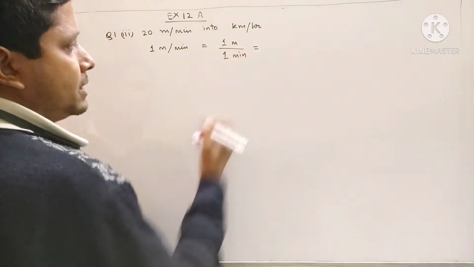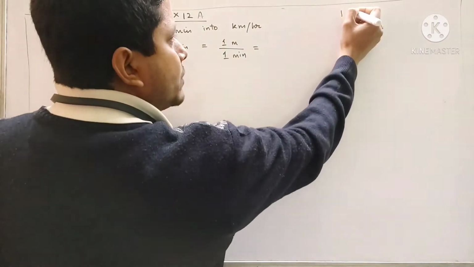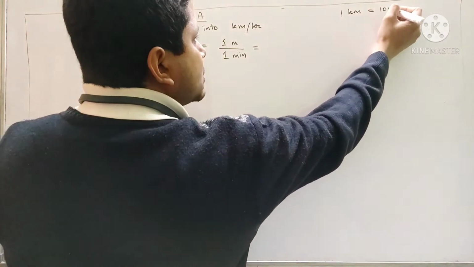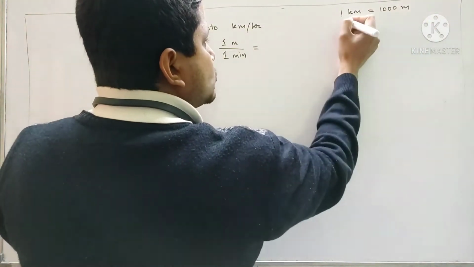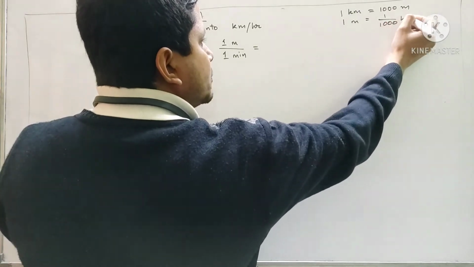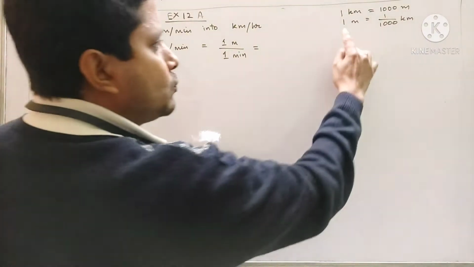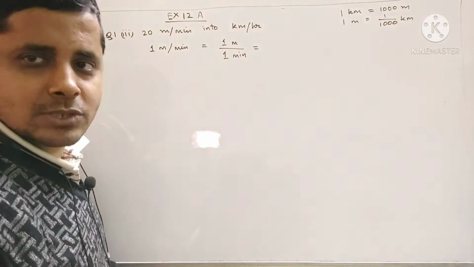Correct? Now 1 meter is equal to how many kilometers, students? Remember that 1 kilometer is equal to 1000 meter. So 1 meter will be equal to 1 by 1000 kilometer.